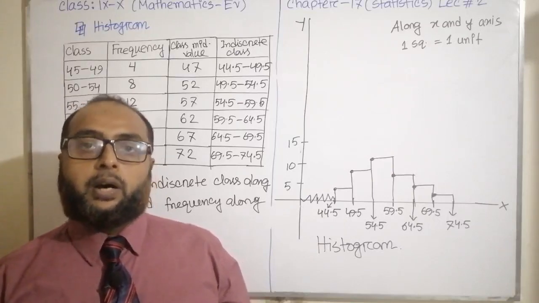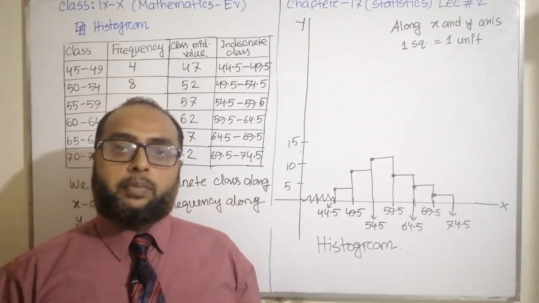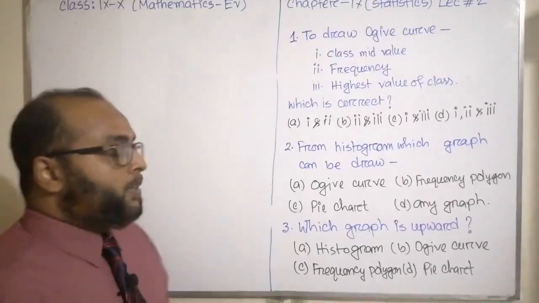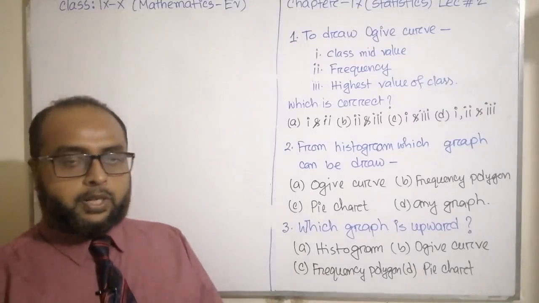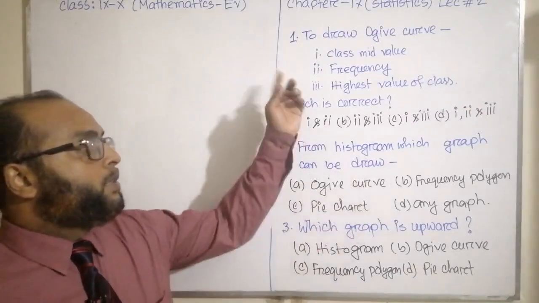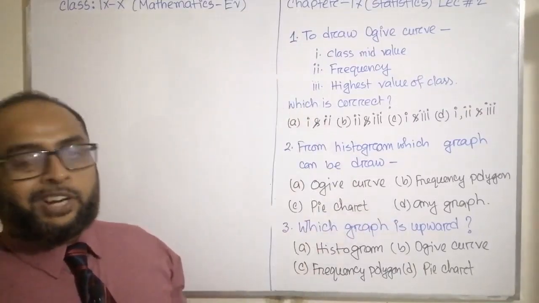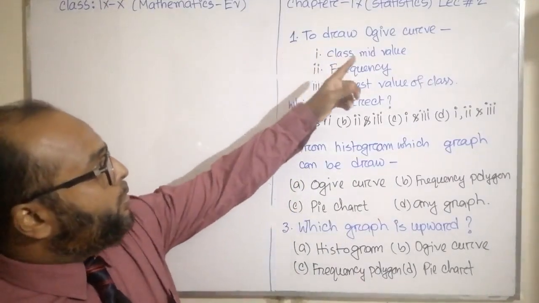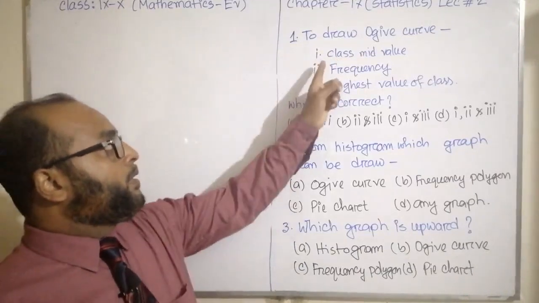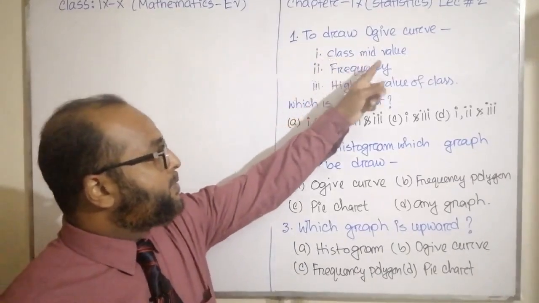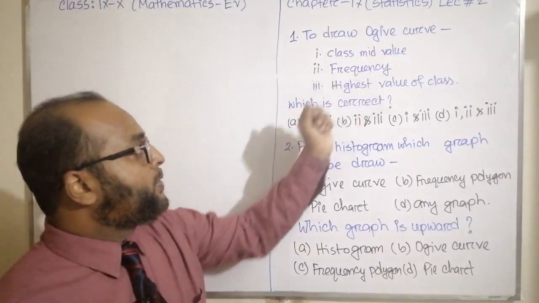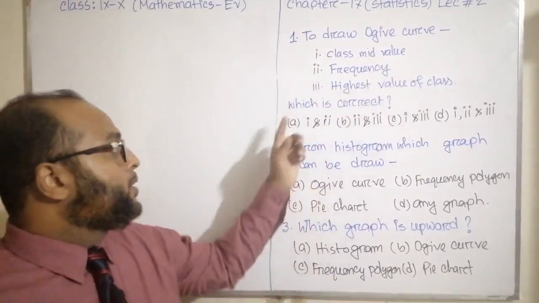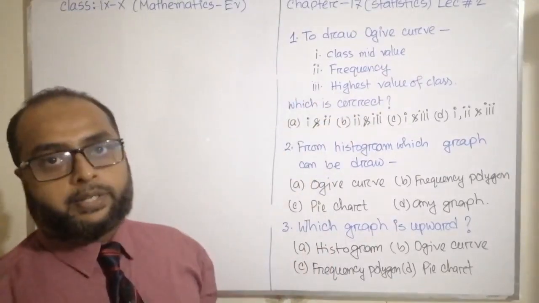Okay students, now let us see some MCQ from this chapter. Dear students, now let us solve some MCQ related to your graph. Question number 1, to draw an ogive curve, number 1, we need class mid value, number 2 frequency, and number 3 highest value of class. Which is correct?